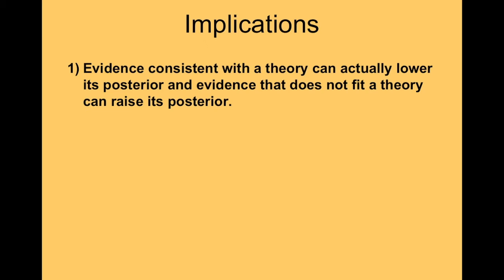So one of these is that evidence that's consistent with a theory may actually make it less likely that that theory is true, right? And usually that would only happen in your subjective experience if there was some other theory you hadn't thought of that fits the evidence better.